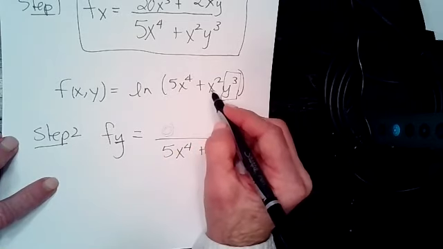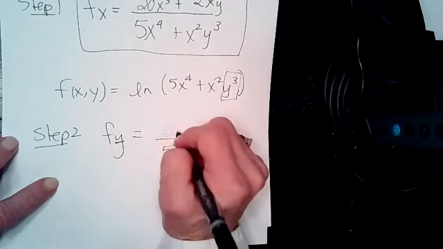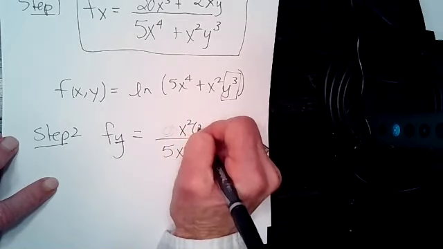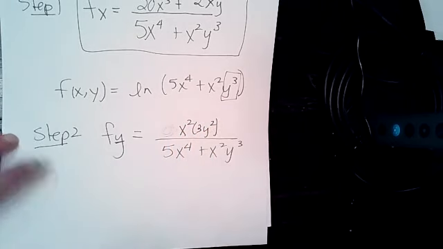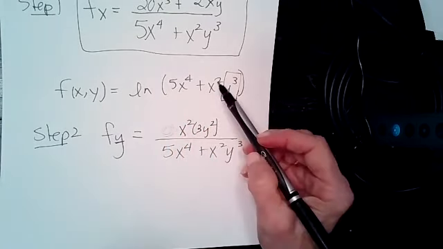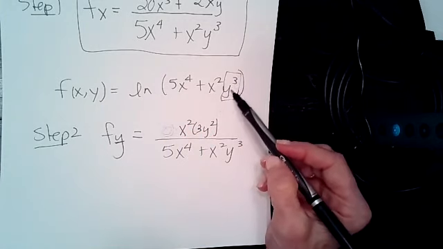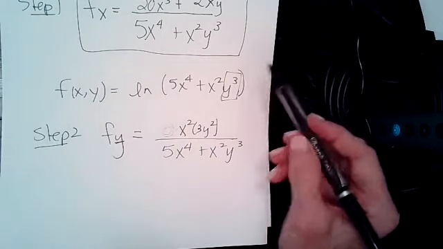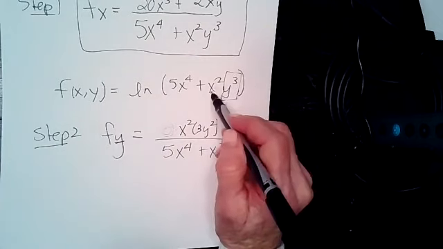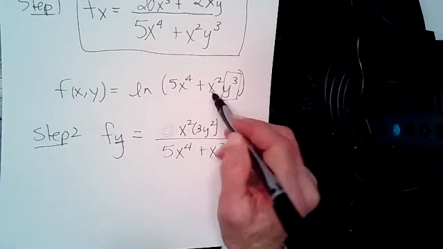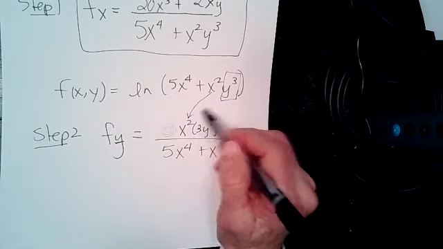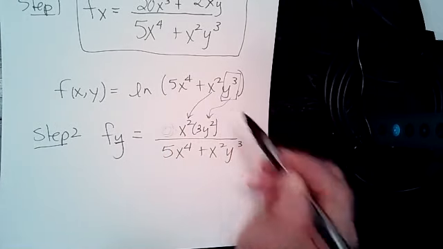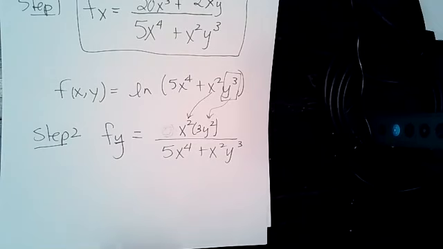And then it's going to be x squared times 3y squared, okay? So it's the constant term times 3y squared. You bring along the 3 and take the derivative. So when you take the derivative with respect to y, you bring along the constant term and you take the derivative of the variable term. And you can call that 3x squared y squared. It doesn't matter, but I just leave it like that.